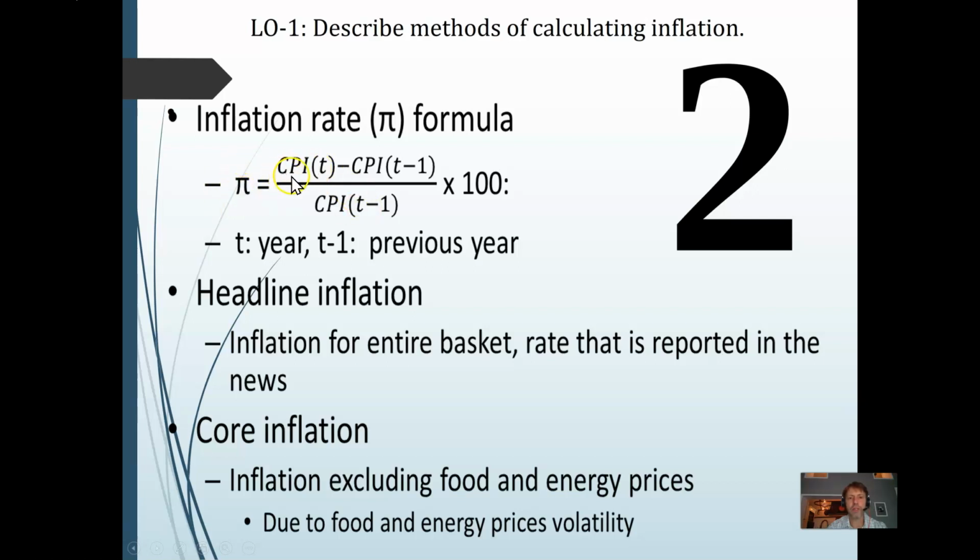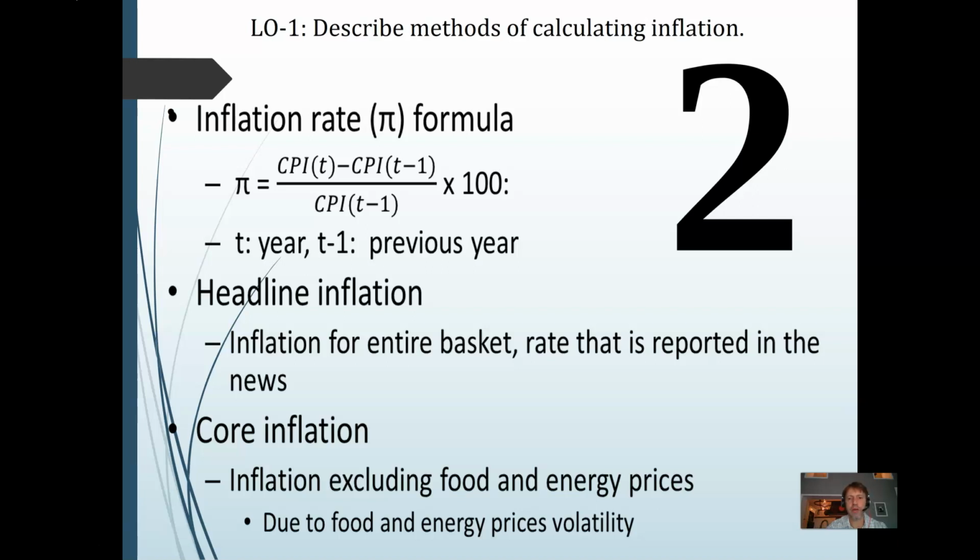And they're saying whatever the consumer price index at the time that you're looking at, minus what it was one time ago, usually 1 year ago, divided by that number from 1 year ago, times 100, will give you the inflation rate. And we actually just did that a few times in the slide beforehand. So this is the formula, but what we did, I explained on the slide before. And if you want, you can go back and look at it.